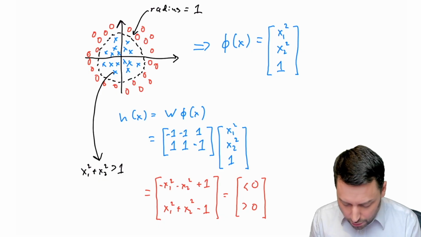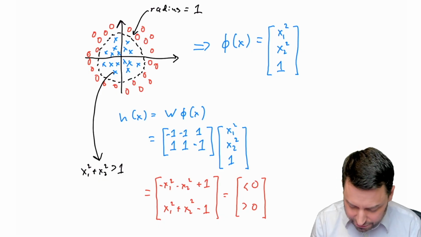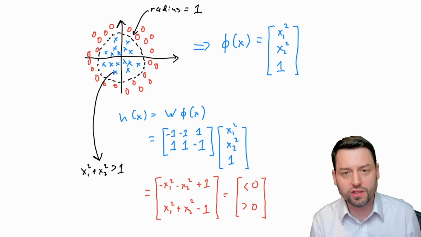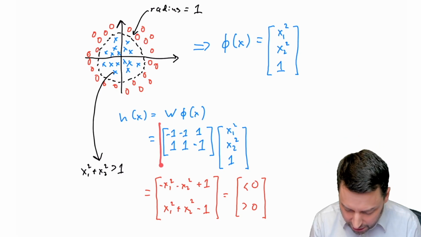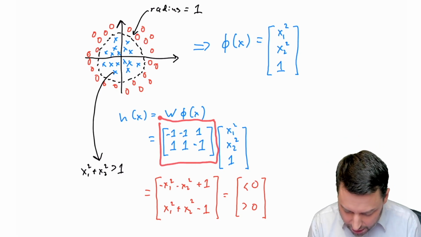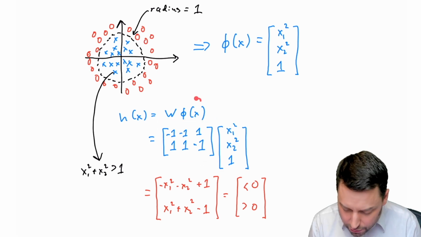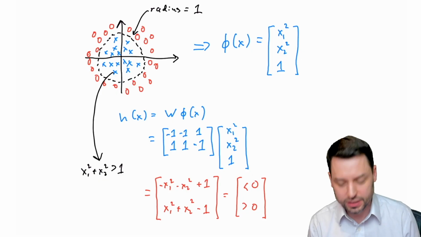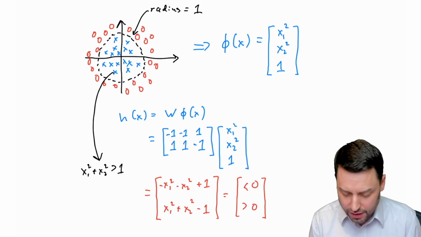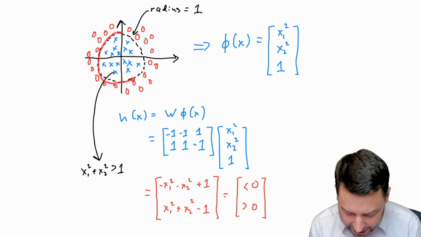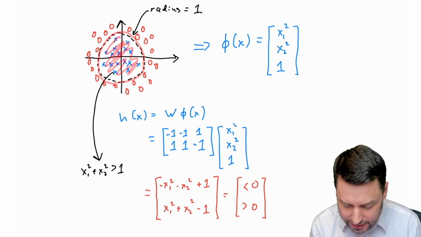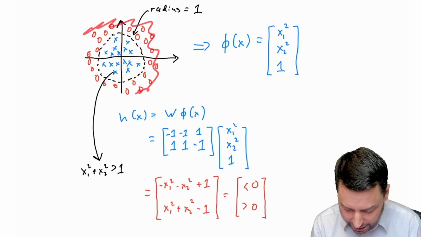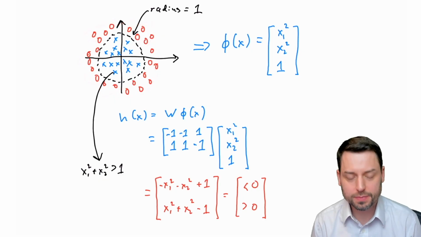So this particular classifier here, and again, you can go through this example if this was confusing, is able, when you use these features, to represent a linear function that classifies all the data in here as one class and all the data outside the circle as another class.